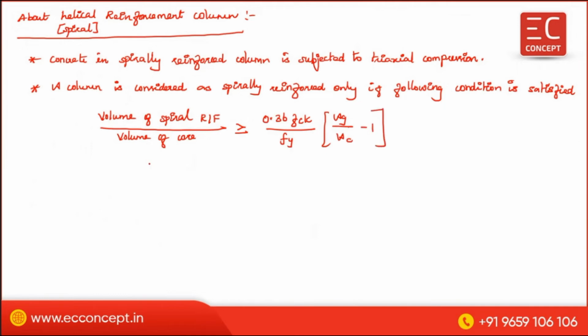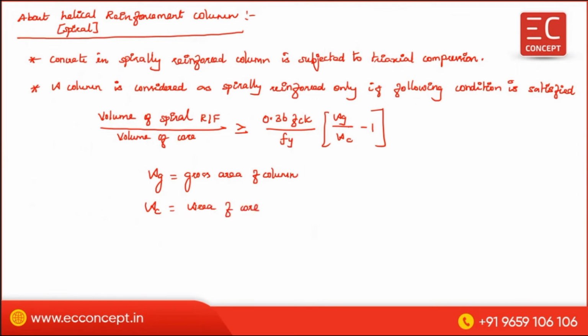Okay. So this is the condition. Here Ag is the gross area of column, and Ac is the area of core.